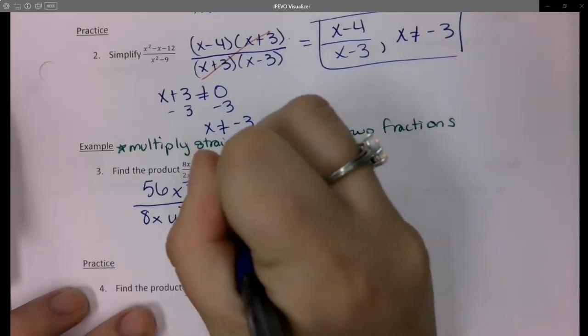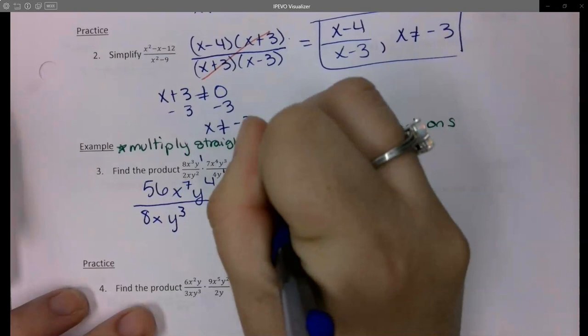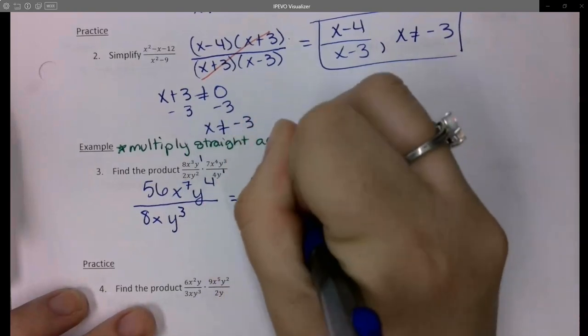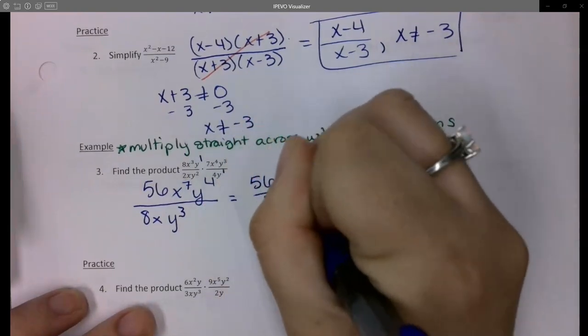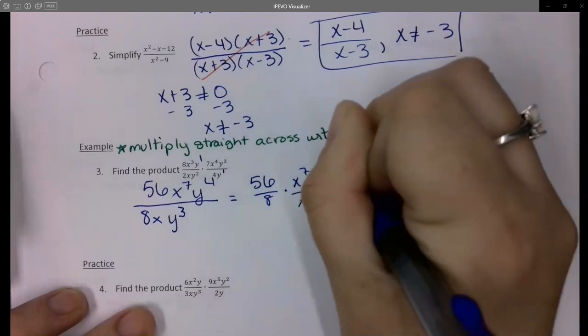Then I want to break this up into 3 fractions. So I'm going to have the number parts together, the x's together, and then the y's together.